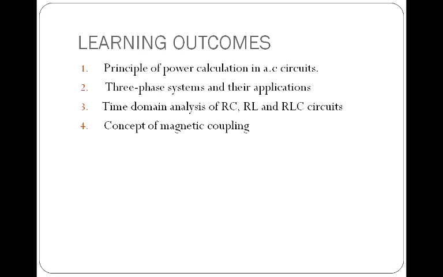Students should understand three-phase systems and their applications. 3. Students should master and understand time domain analysis of RC, RL, and RLC series circuits, series and parallel. 4. Concept of magnetic coupling should be well understood.